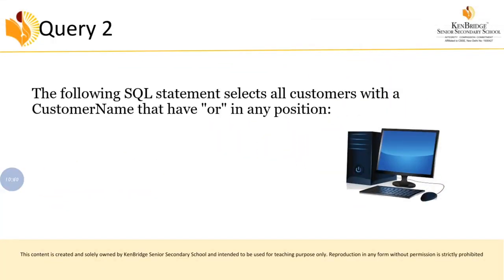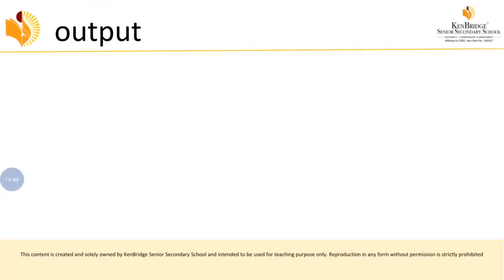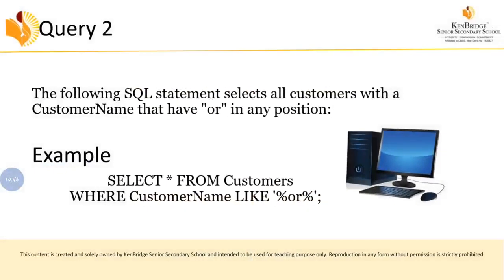Here is the second query. This is used to select all the attributes from the customer table where the customer name should have OR in any position of the name. In the name, there should be OR continuously.